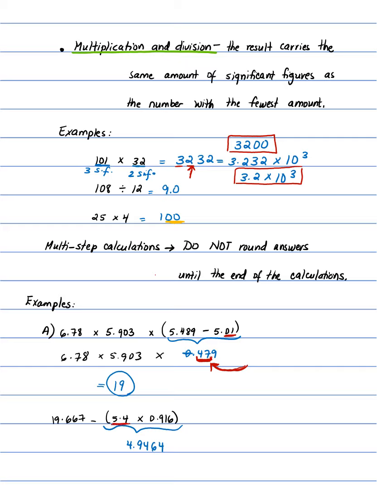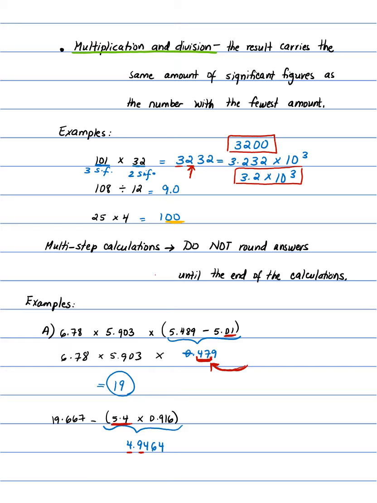This is the one with the fewest amount of significant figures. That's a multiplication. So only 2 digits are significant. The first digit is 4, the second digit is the 9. So the whole number is there, but you need to keep in mind that from that whole number, only 2 digits are significant, which are the first 2.